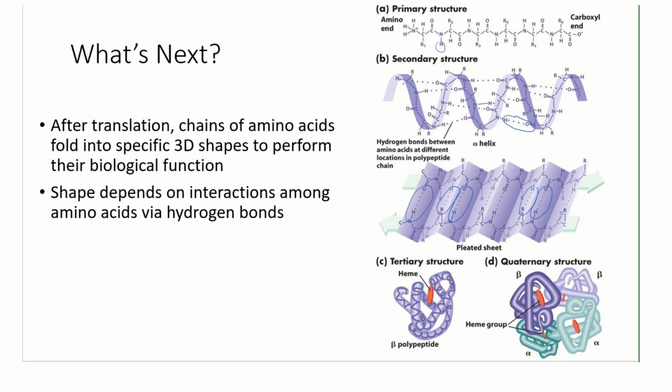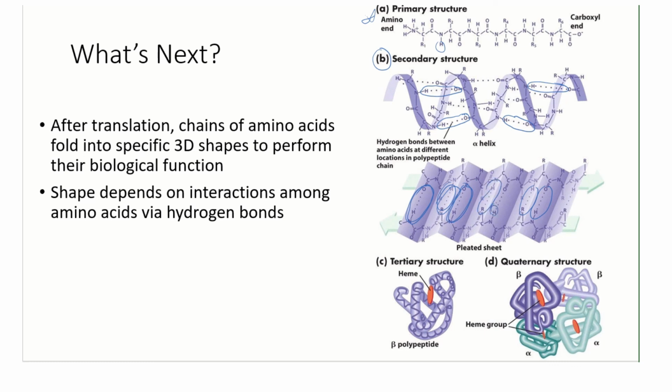So if we take a look here at the primary structure, we've got our polypeptide chain of these amino acids, and then for the secondary structure, there are these hydrogen bonds that are going to cause it to either go into the alpha helix, or down here we've got this pleated beta sheet.